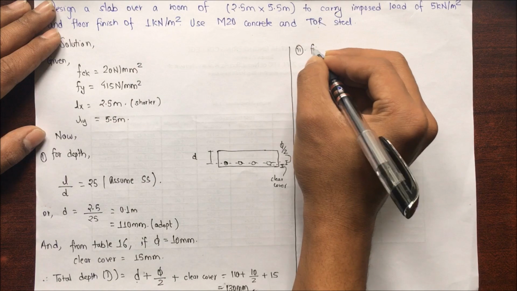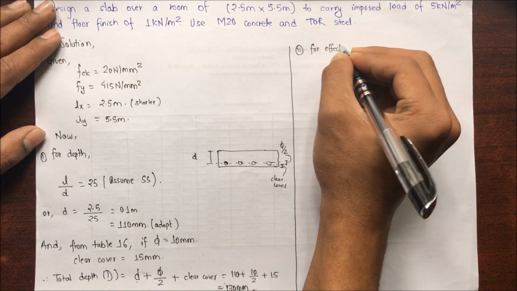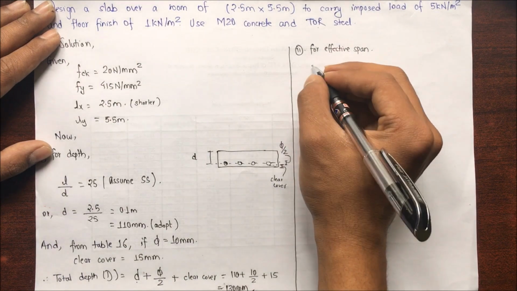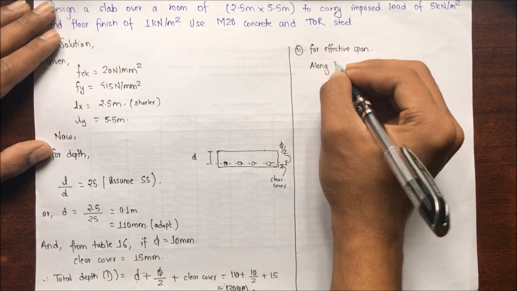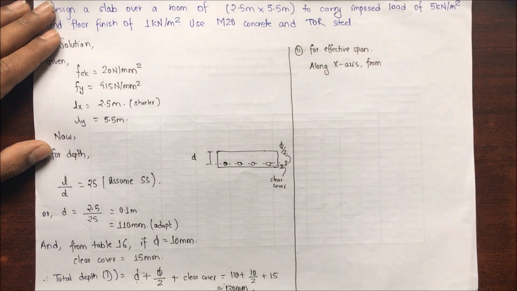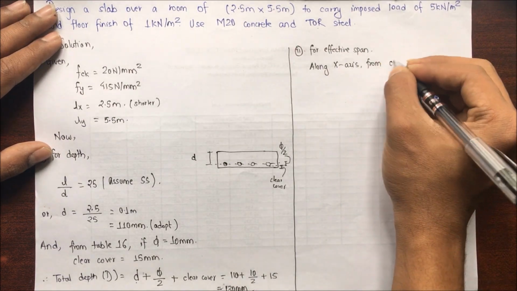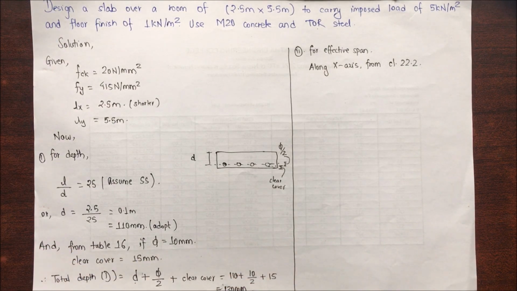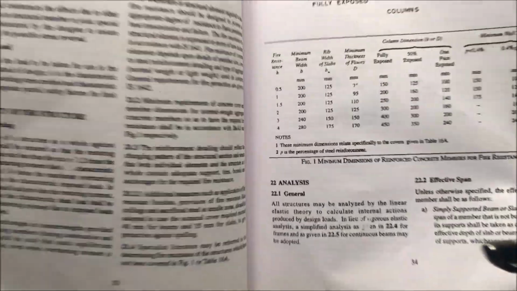Now the second step is to find the effective span along both axes. Along the x-axis, from Clause 22.2, as we have already done in the beam, we will take the smaller value of two calculated values. One is the center to center length.